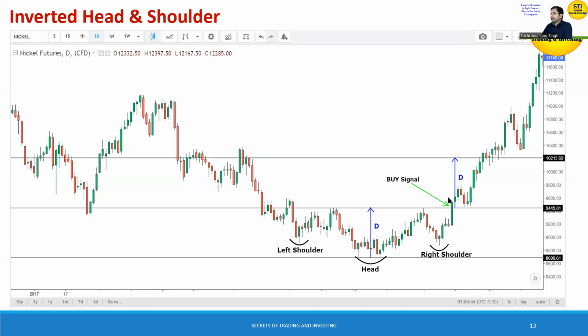Once the breakout happens, the distance from the bottommost point to the neckline, the line highlighted in blue color, the D, will be the first target in this scenario.